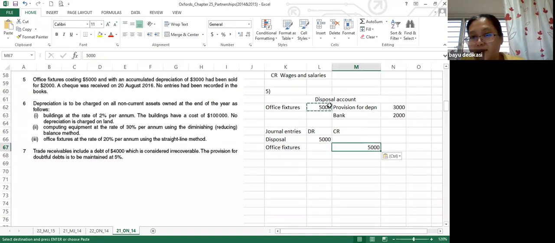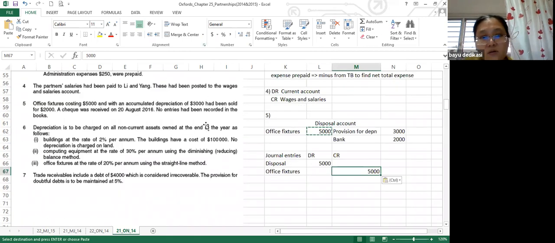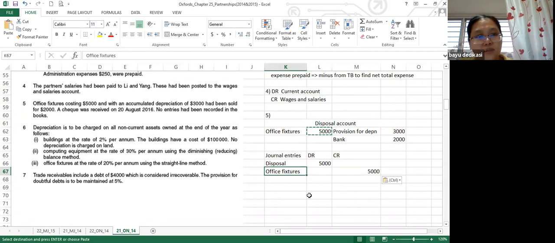I already prepared the account, but since they say no entry has been recorded in the book, that means all these transactions we have to put into it. A check was received, no entry made in the book.